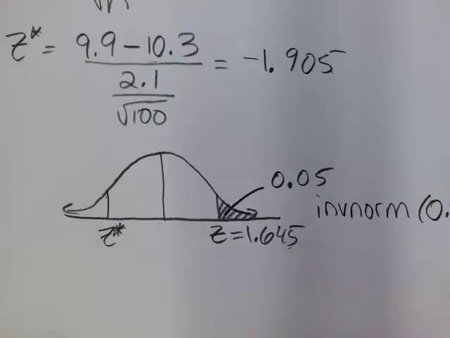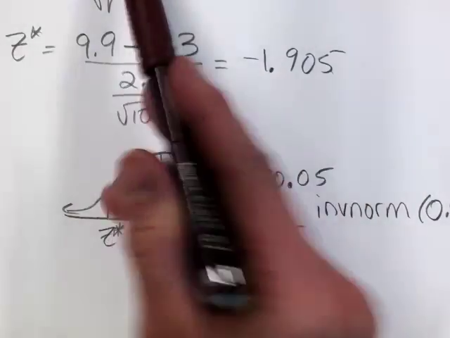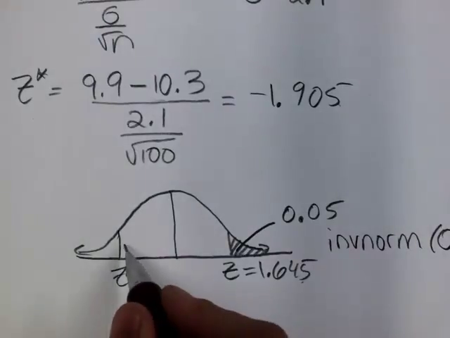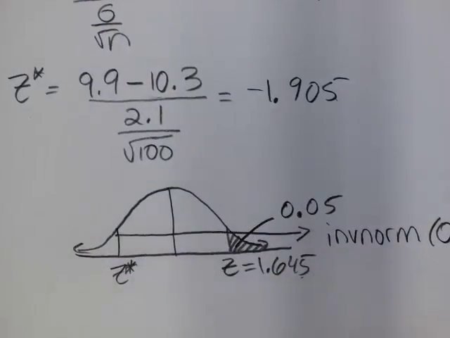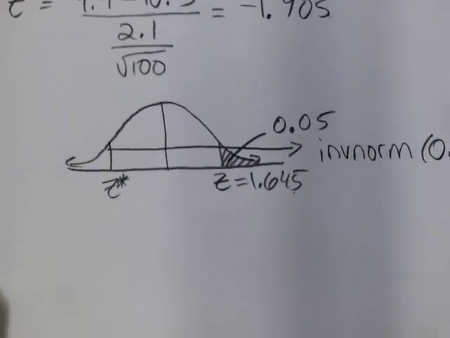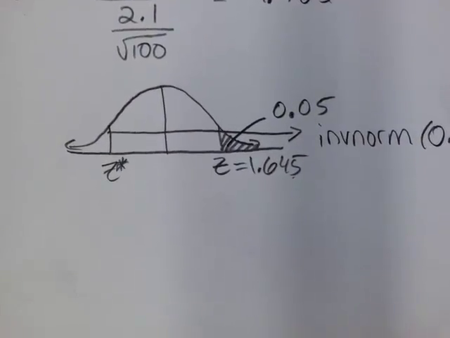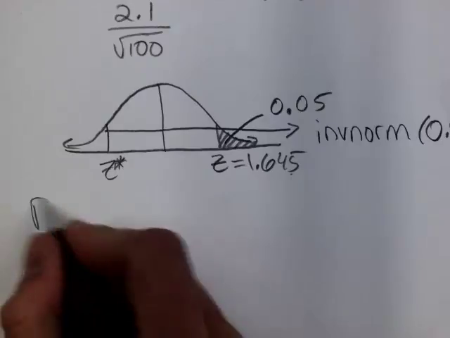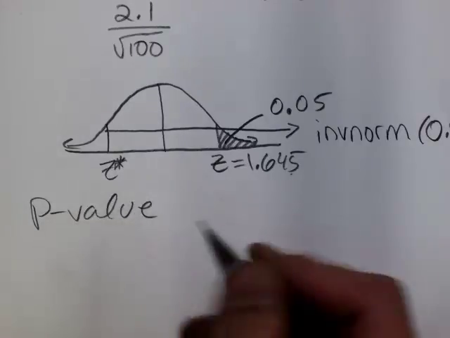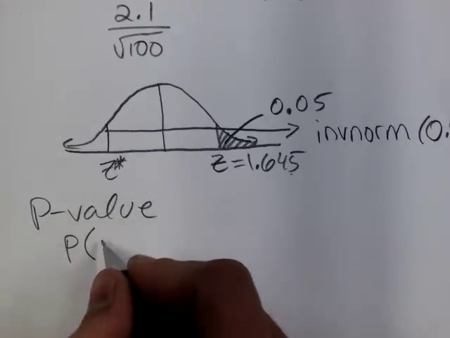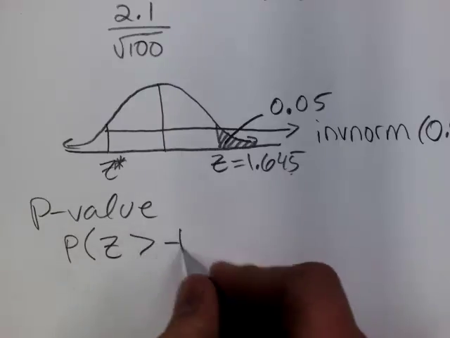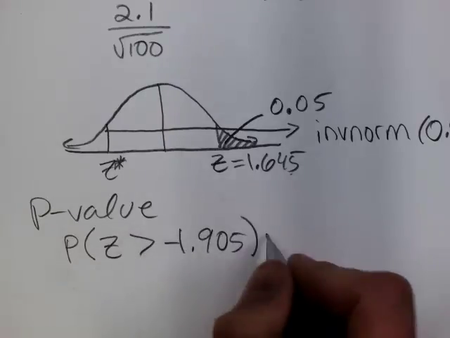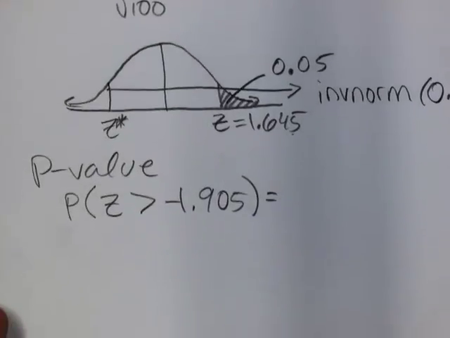In terms of extremity, because this is an upper-tailed test, my p-value is going to be going this direction. And because it's a single-tailed test, I don't have to double that p-value. So to find the p-value, I'm going to find the probability I get a test statistic greater than negative 1.905.